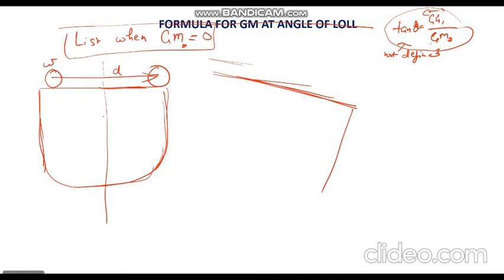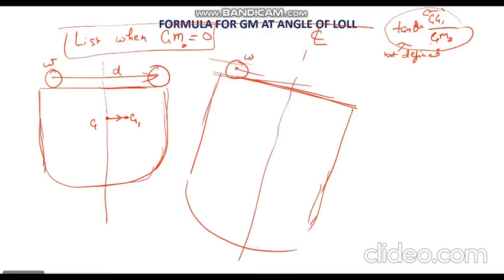It will cause the G of the ship to shift parallel to the deck to G1, through a distance, the waterline can be anywhere, doesn't make a difference. So GG1 is parallel to the deck of the ship.